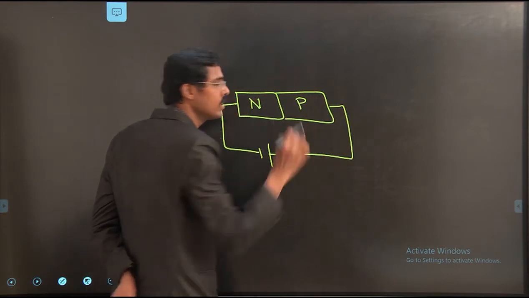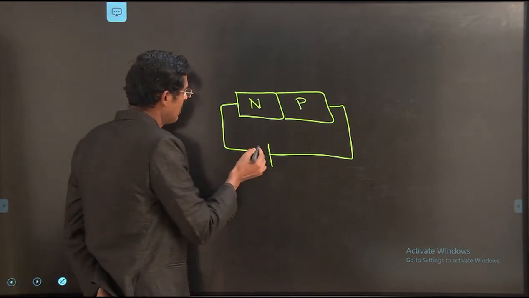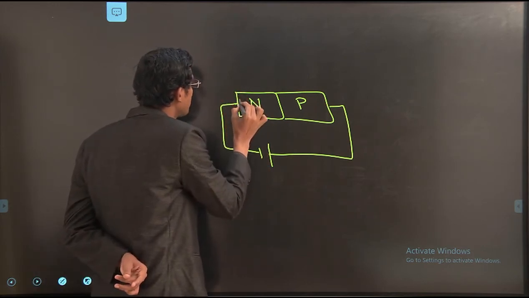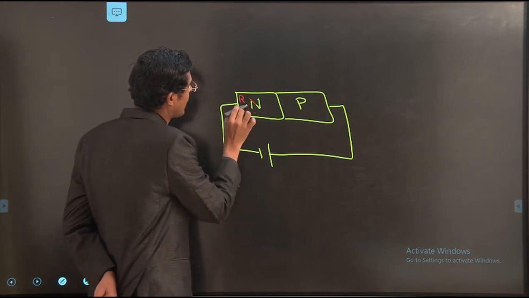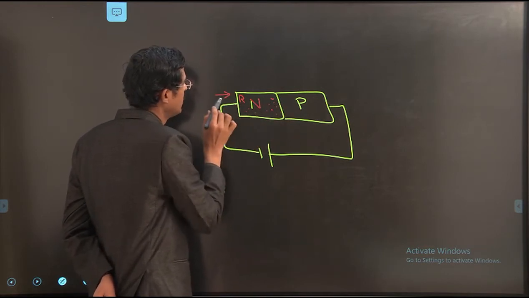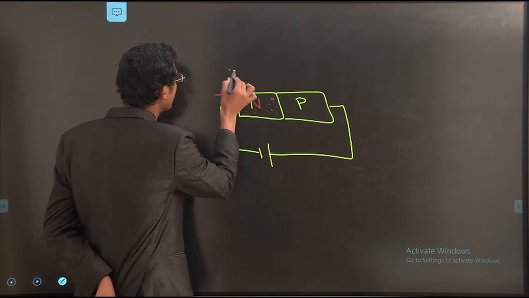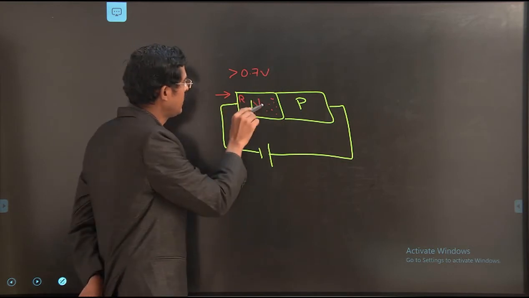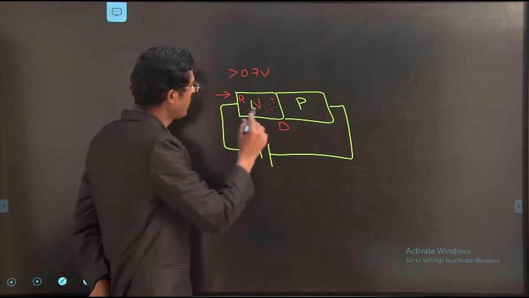So when I connect like this, these electrons are pushed and they ripple there. The electrons here are attracted towards the junction point because of the repulsive force given. And when we give greater than 0.7 volt, this push happens and these electrons cross this depletion zone and go to that side.